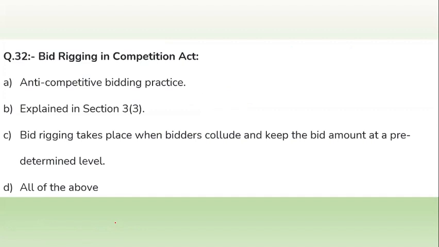Now, bid rigging in competition. What is bid rigging in competition? Option A, anti-competitive bidding practices. Option B, explained in section. Option C, bid rigging takes place when the bidders keep the bid amount at a predetermined level.